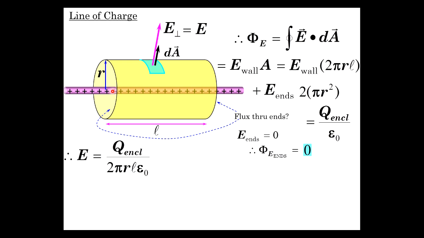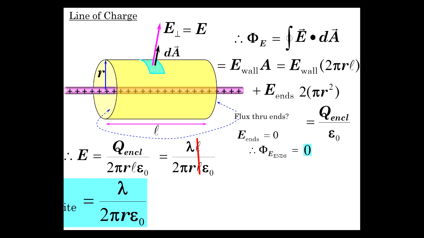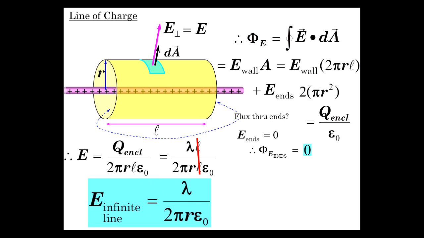Well, this has a uniform linear charge density, lambda. So it's just lambda times the length gives us the charge contained in the Gaussian surface. So lambda L over 2 pi r L epsilon 0. L's go away, and here is our answer, which should look familiar because we've already solved for the E field from an infinite line and got the same result.